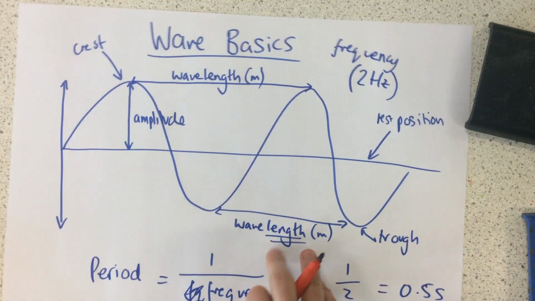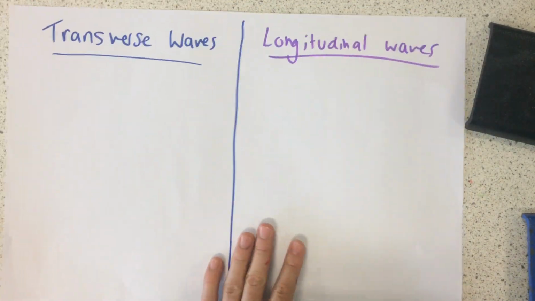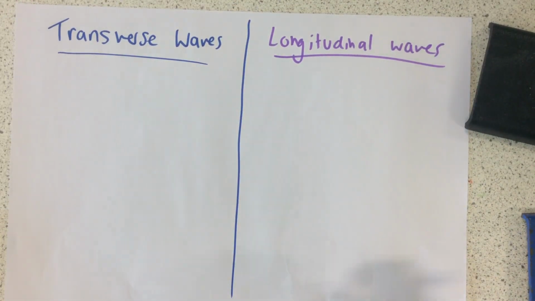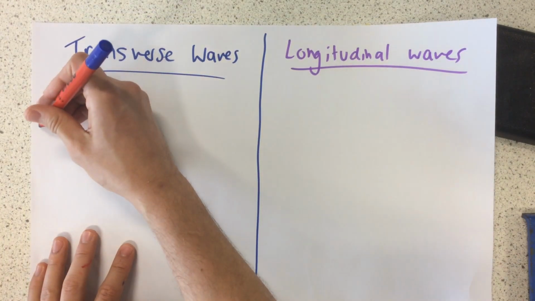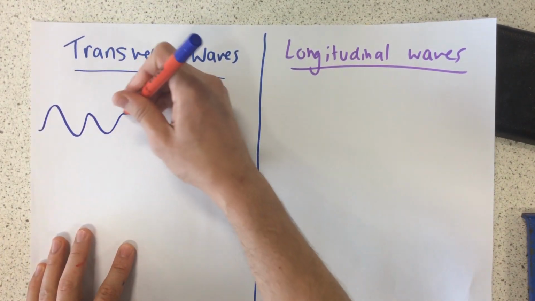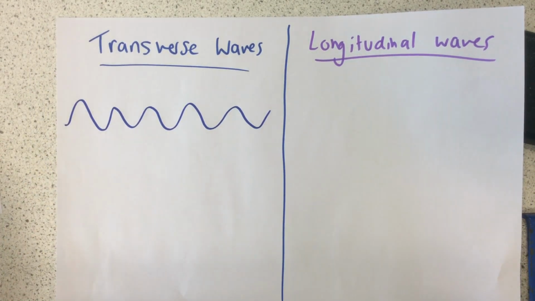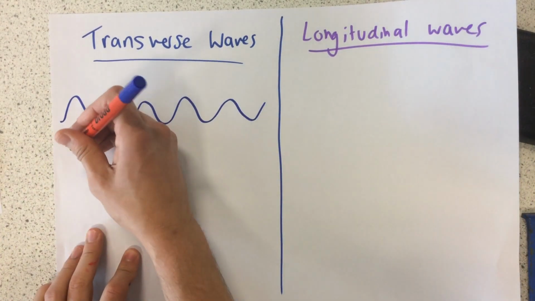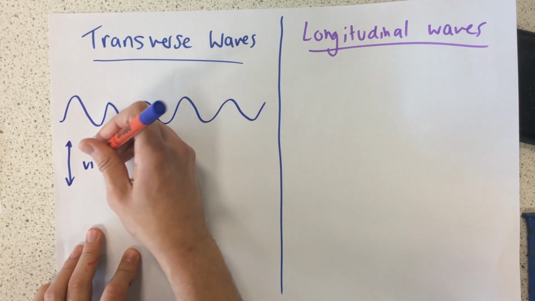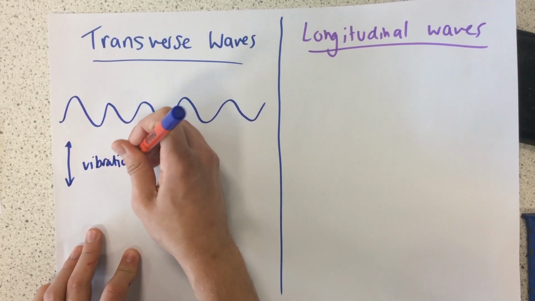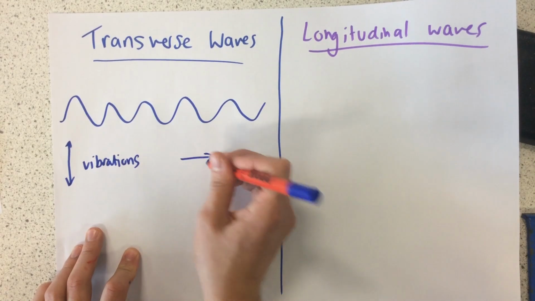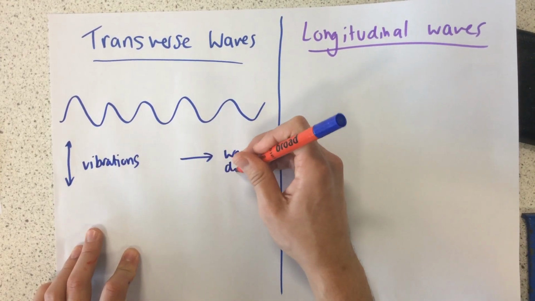So what we're going to do now is look at the difference between transverse waves and longitudinal waves. We've already had a look at a transverse wave, so we're not going to relabel this one. The key thing to remember about transverse waves is the vibrations are at 90 degrees to the wave direction.